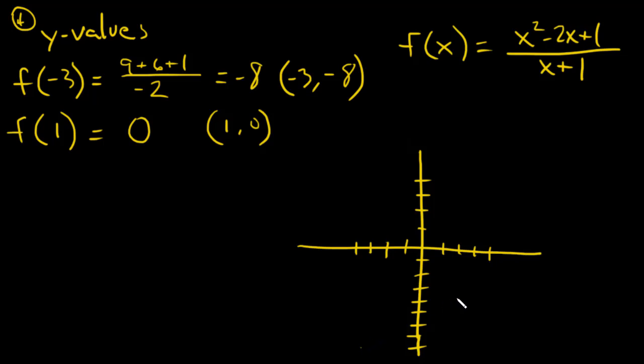So let me rescale this just a little bit. When I redraw it, this is -8 right here. Alrighty? So -3, -8, I've got a dot. That's supposed to be a max of some sort. Kind of odd.